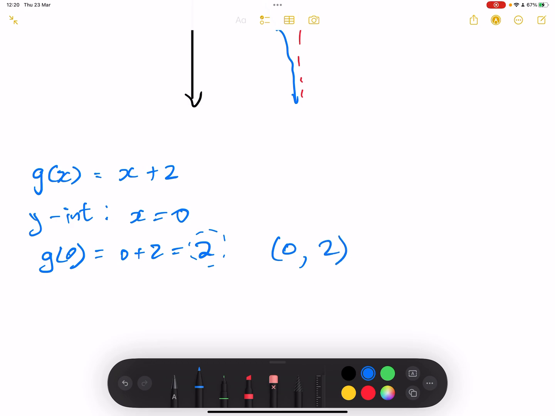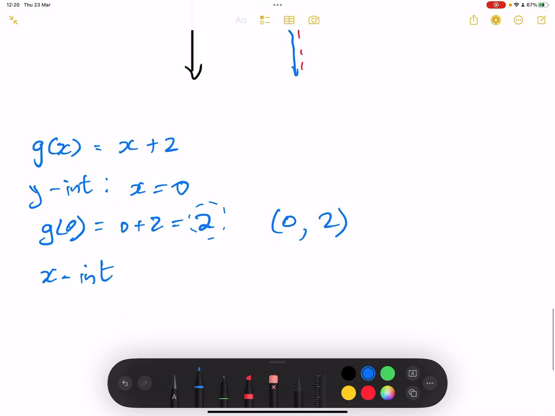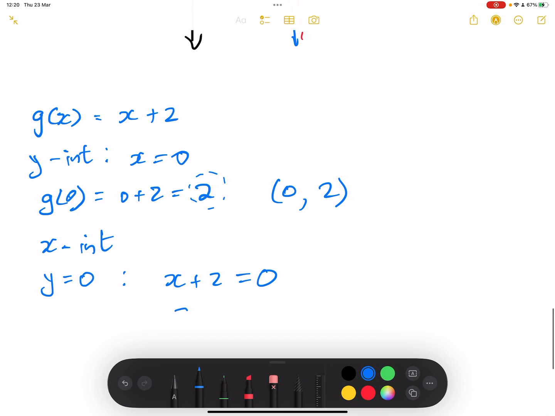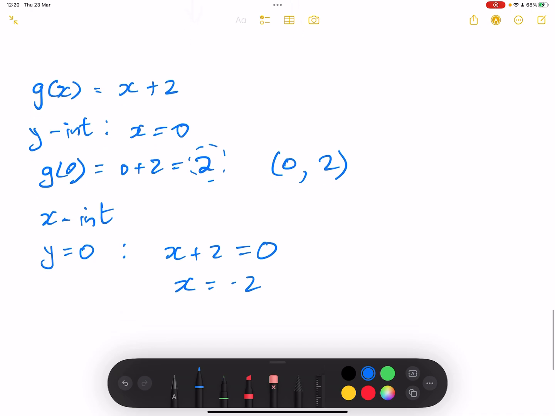And our x-intercept would be where y is equal to 0. So we're going to take x plus 2 and make it equal to 0, so that would be at x is equal to negative 2. Of course, when you've done this long enough, you kind of figure it out quickly.